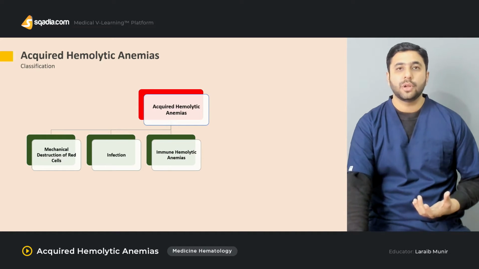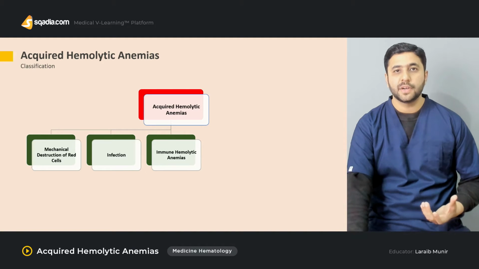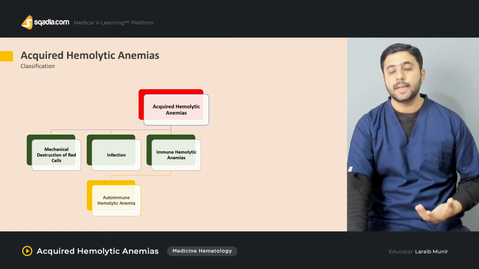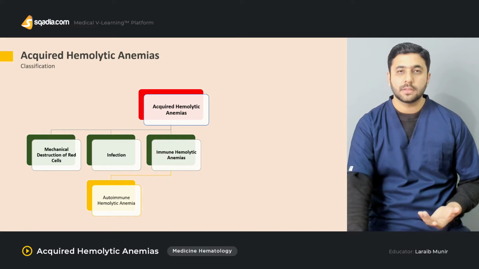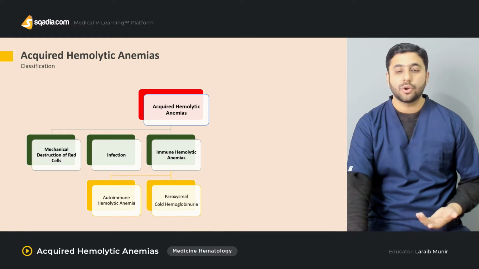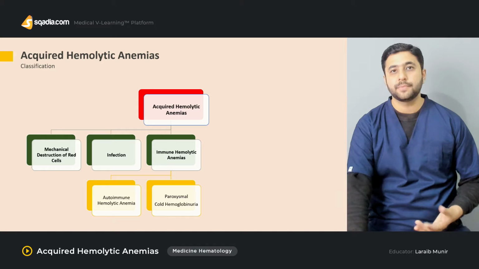Then there are certain immunological processes which interfere with the RBC's normal functioning and structure, and that lead to hemolysis of the RBCs. Specifically, there can be an autoimmune process occurring on its own, or it can be secondary to another autoimmune disorder.